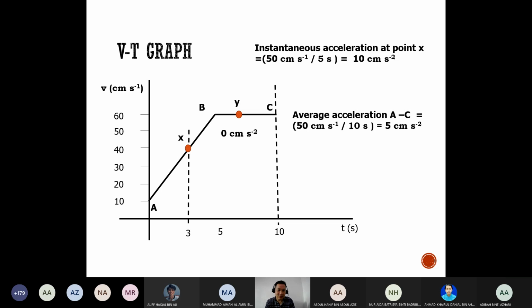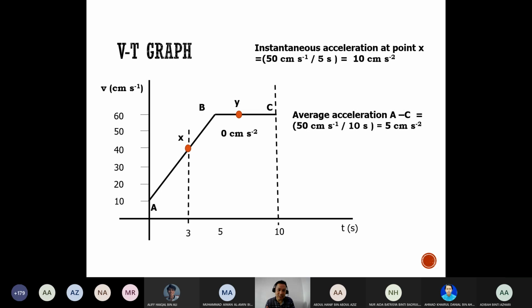Here, x and y are 0, because instantaneous acceleration is the same as instantaneous velocity. So either x or y involves the v over t graph.